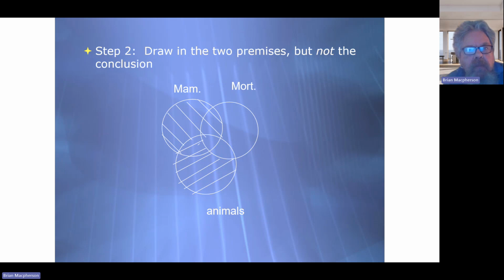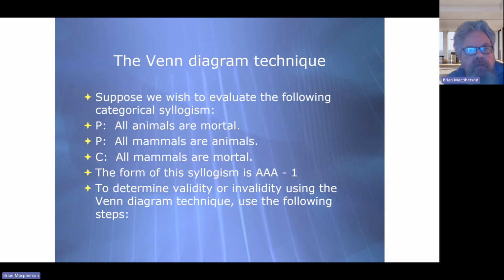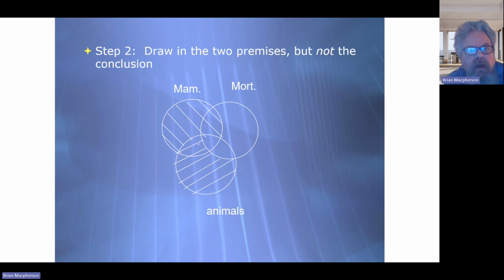Now, what I'm going to do is draw in the two premises. So let's go back to the syllogism. The first premise says that all animals are mortal. So notice that what I'm doing is shading in everything in animals that doesn't intersect with mortal. Again, I'm shading in everything in animals that doesn't intersect with mortal.